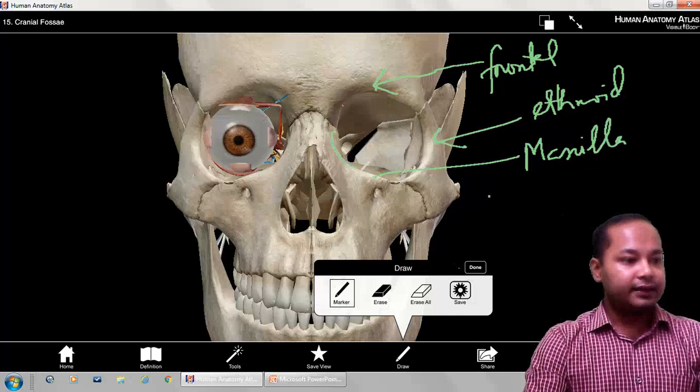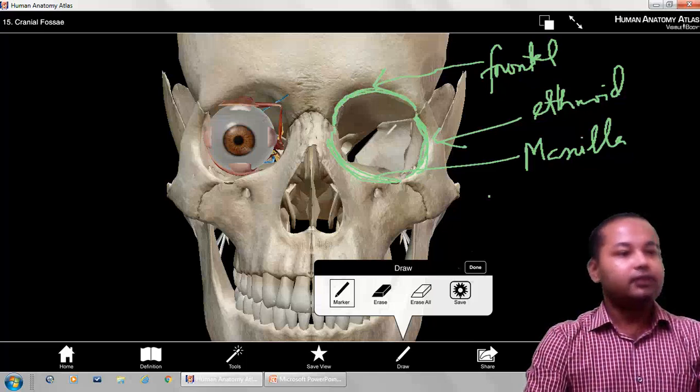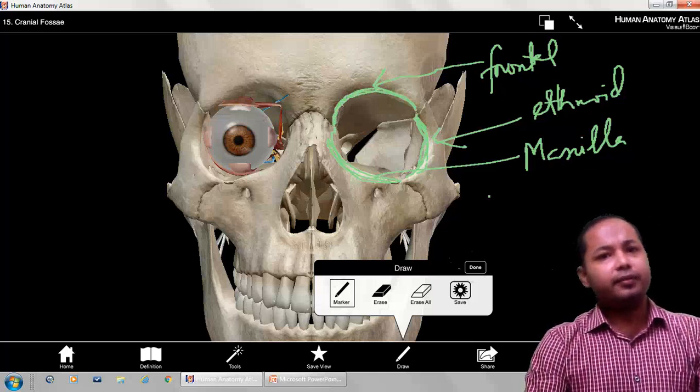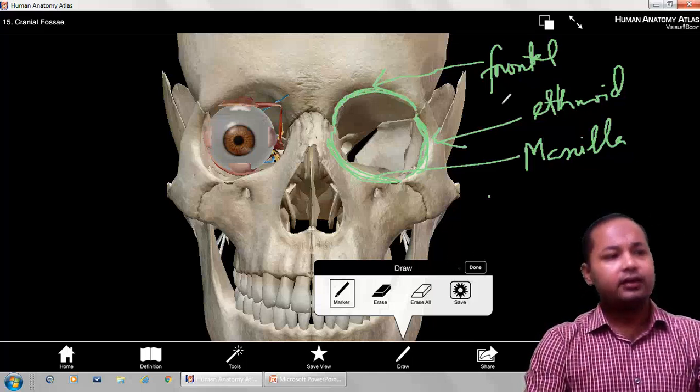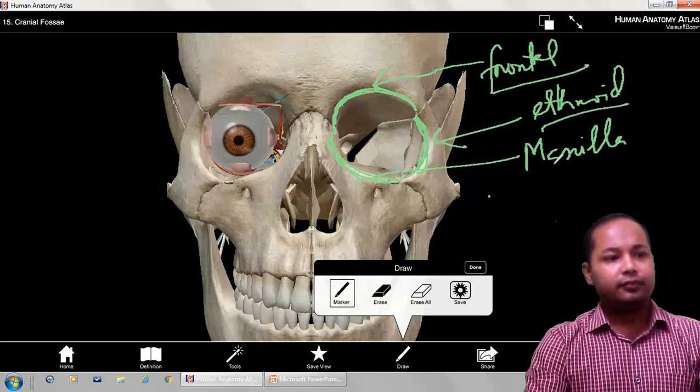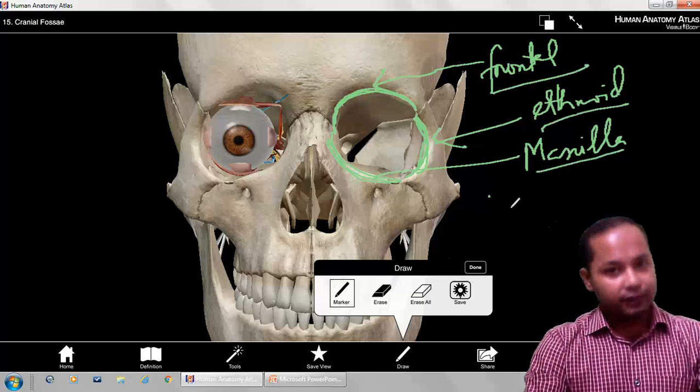This entire thing is the maxilla, this entire thing is the ethmoid, and this upper part is the frontal bone, right? So this completely makes up the orbit. The bones which make up the orbital cavity are the frontal bone, the ethmoid bone, and the maxilla. Yes, you are right, my dear.